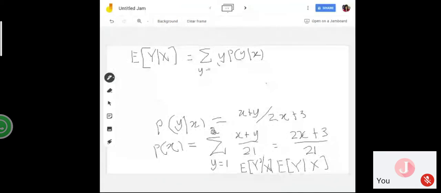So Y is from 1 to 2. Okay. And expected value of Y square given X is the same thing, gantikan Y dengan Y square sahaja. So sangat senang.